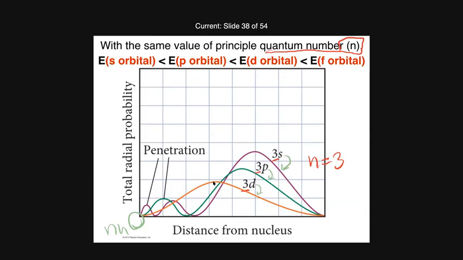So in this case, when you have 4s versus 4p versus 4d versus 4f, the 4s would have the lowest energy compared to the 4f. The 4f would have the highest energy, which means it's not very stable. So the electron would most likely reside in the 4s first before it fills the 4f. That's what it means here.